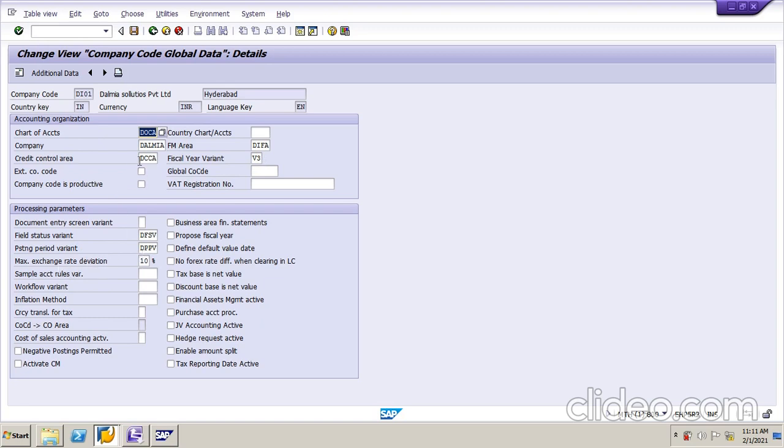And here we have to add a few more things. Okay, so we'll go for the fiscal year. Next one, we have to tick mark for define default value date. Default value date means, I will show you.